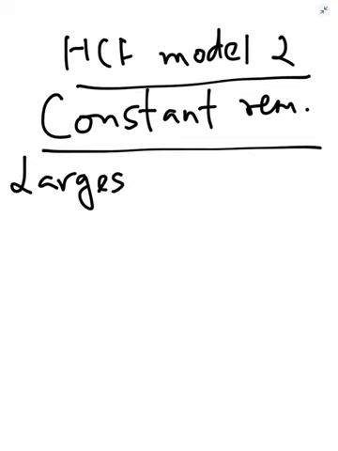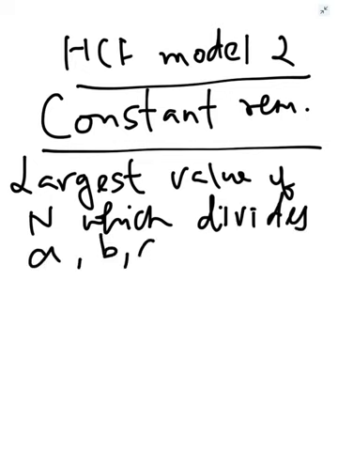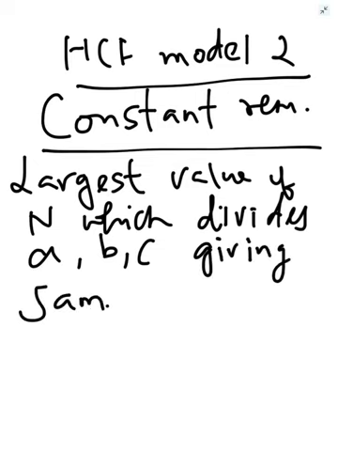So what will a question like that for model 2 be? Largest value of n which divides A, B, C, giving same remainder in each case.